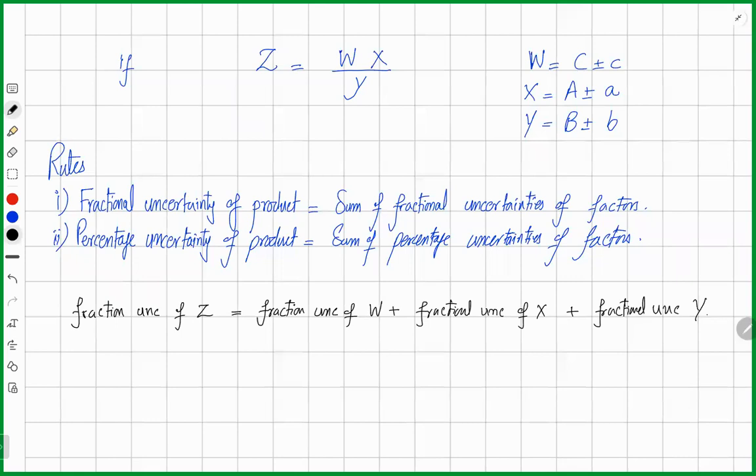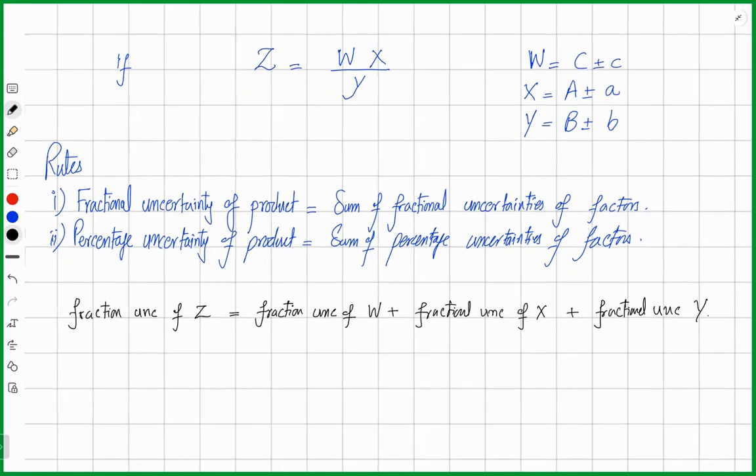So let's slow down. Let's see what we did. For example, if z is a product of w, x, and y, regardless if one is dividing or multiplying, we always add their fractional errors. And the sum of the fractional errors is not making the absolute error of z. It is making the fractional error of z.